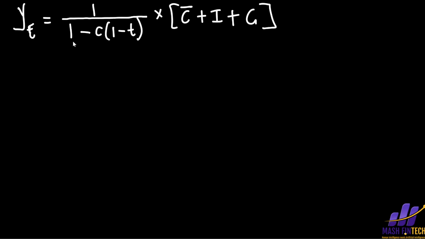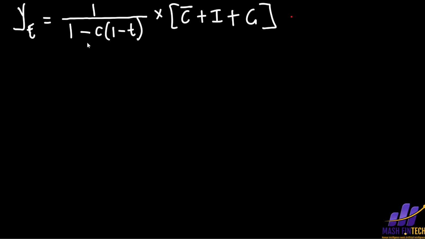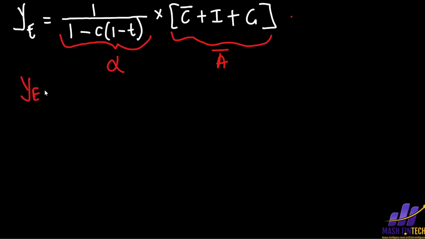So this whole thing here is our multiplier, and this here is the total autonomous expenditure. So always the equilibrium level of income is given by the multiplier times the total autonomous expenditure.